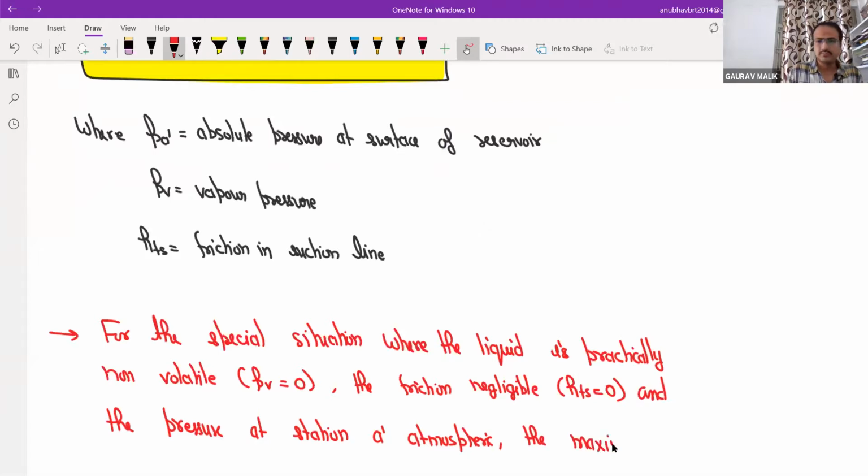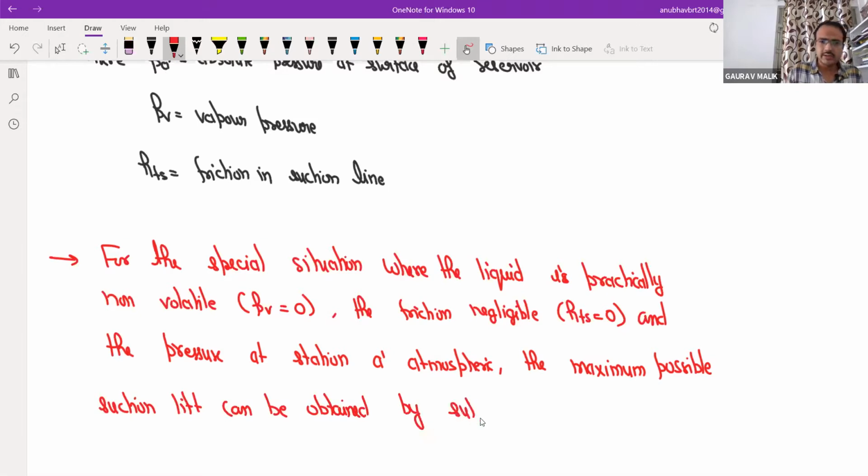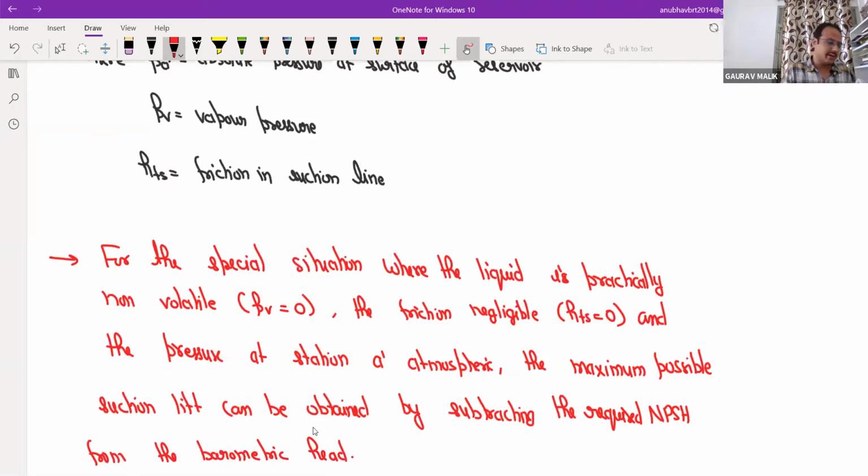So the maximum possible suction lift can be obtained by subtracting the required NPSH from the barometric head.